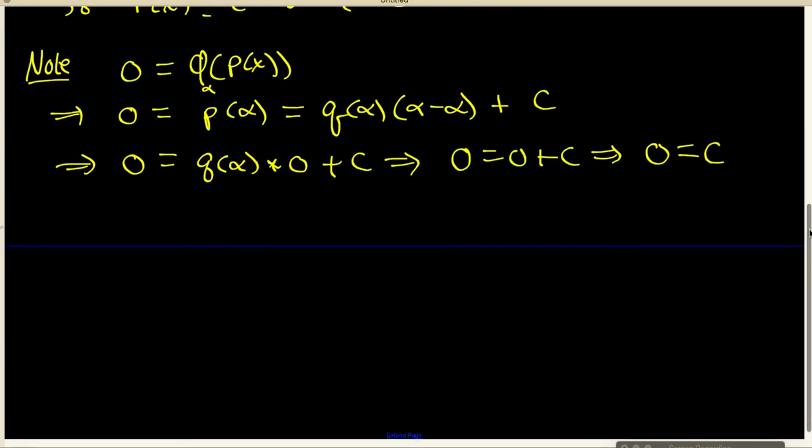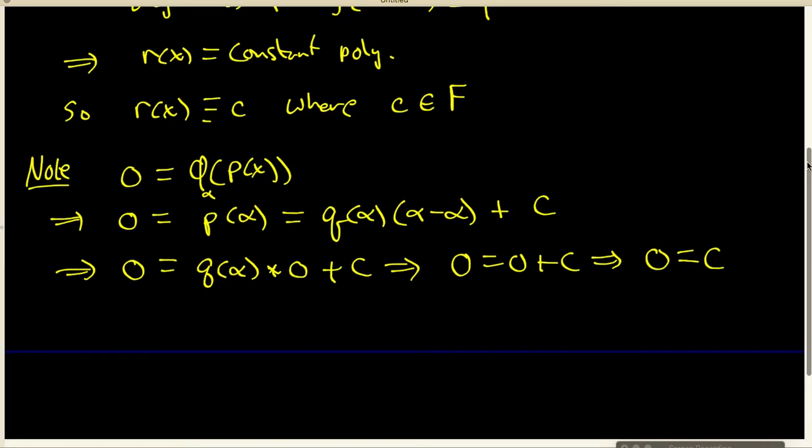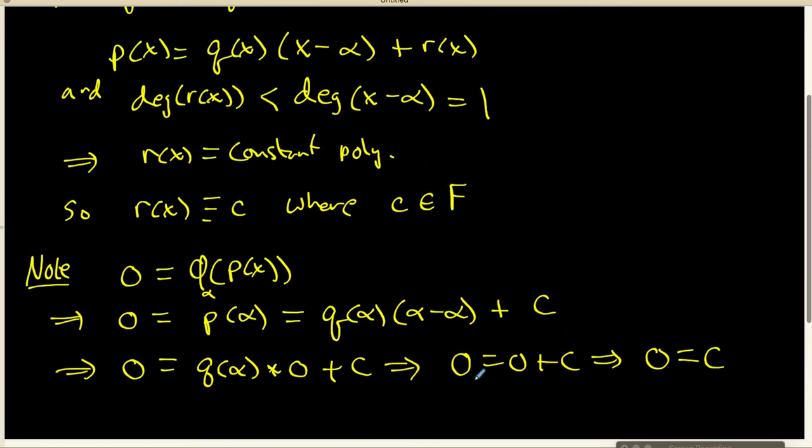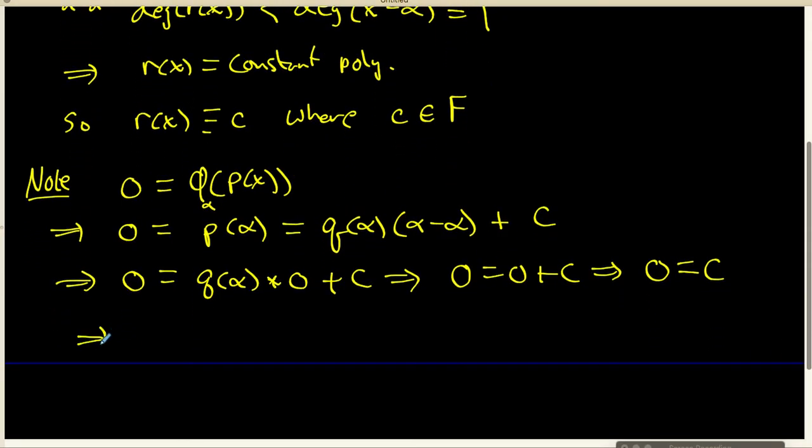Well, let's go back up just a minute. If we know that c is equal to 0 and r of x is equal to c, that says this thing here is just a 0. And so what we now have is that p of x is actually equal to q of x, let me make my notation look better, times x minus alpha.